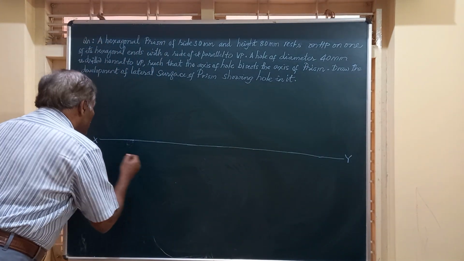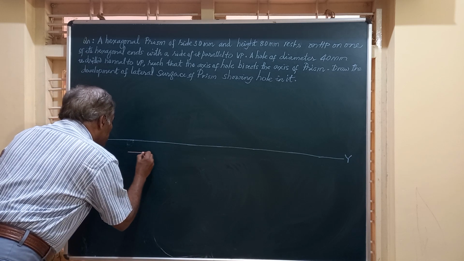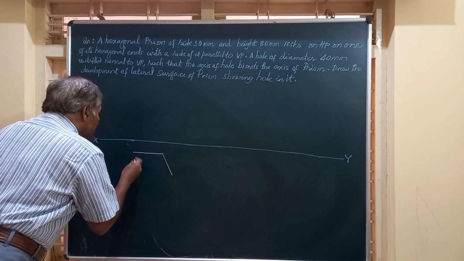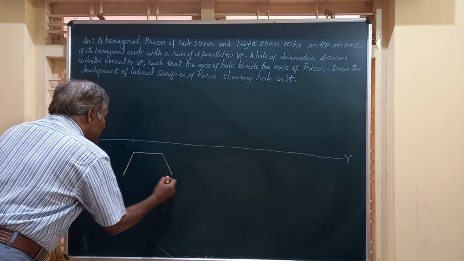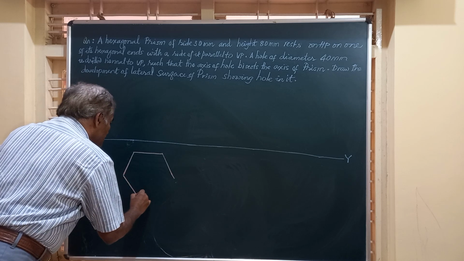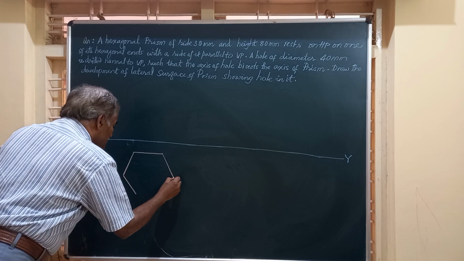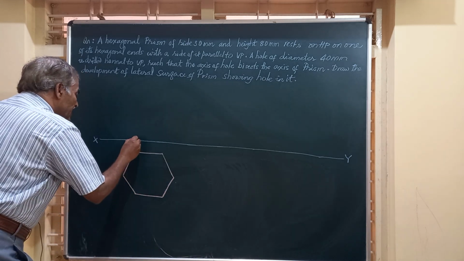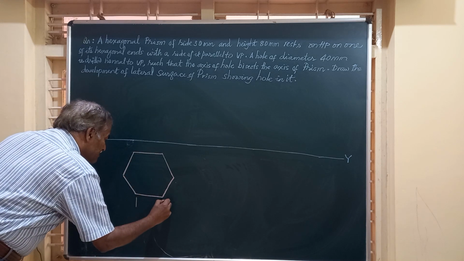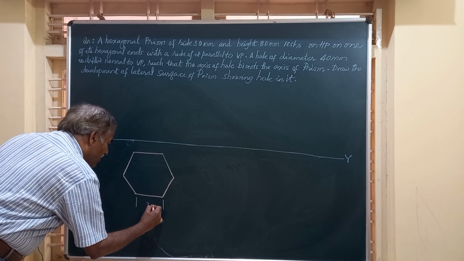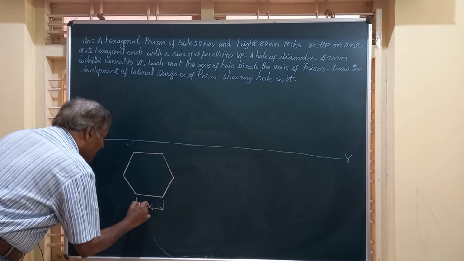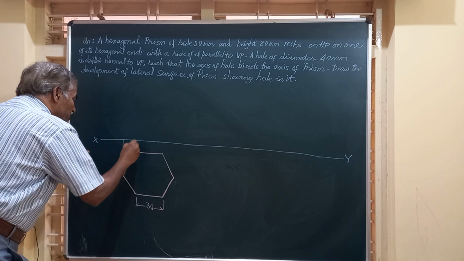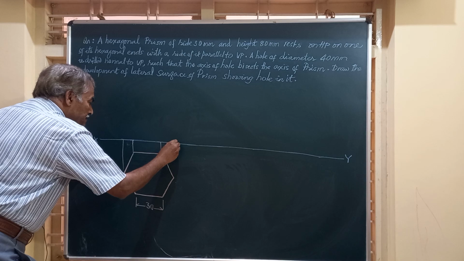Here I am going to draw a regular hexagon of side equal to 30 mm. All these sides measure 30 mm each, and let us obtain the front view of that by projecting all these lines from there.